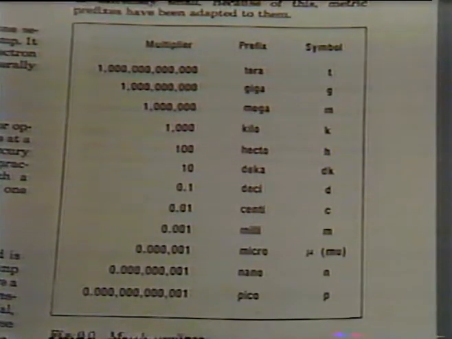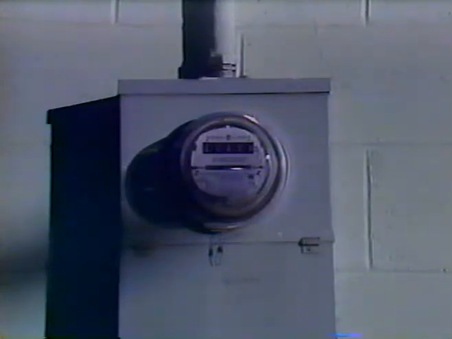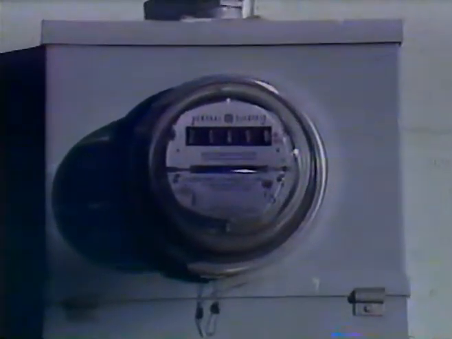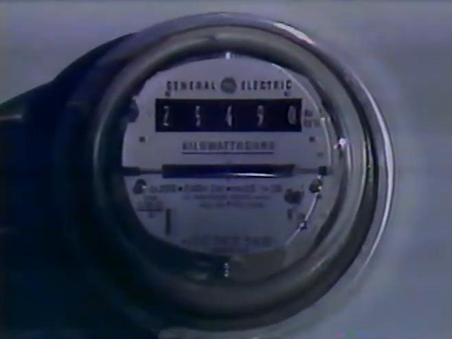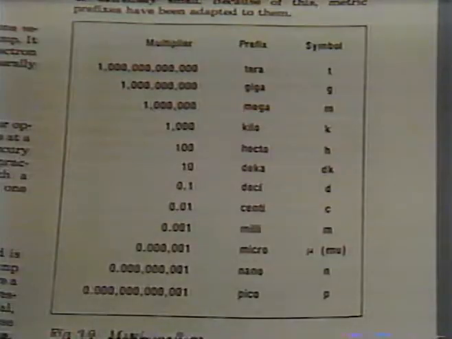Further up the chart, you'll find a term with which most people are at least casually acquainted. If you look at the meter that the power company uses to measure your consumption of electrical energy, you'll notice that it's rated in kilowatt hours. The term kilo means 1,000.